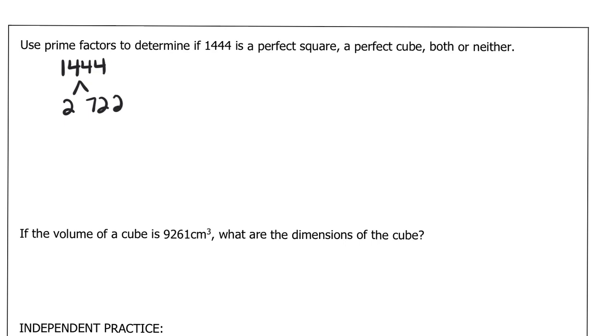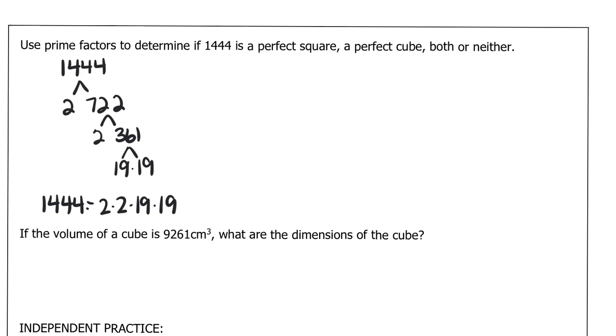Now 722 is still even, so it divides by 2, giving me 361. This is a tough one. So 361 actually breaks to 19 times 19. My prime factors of 1444 are 2 times 2 times 19 times 19.